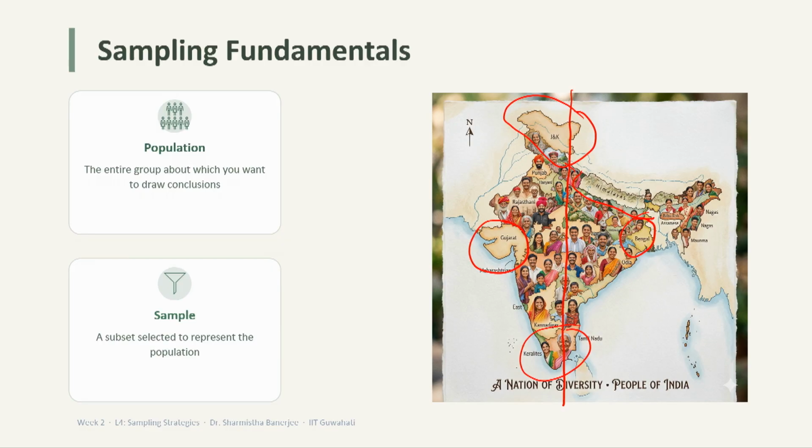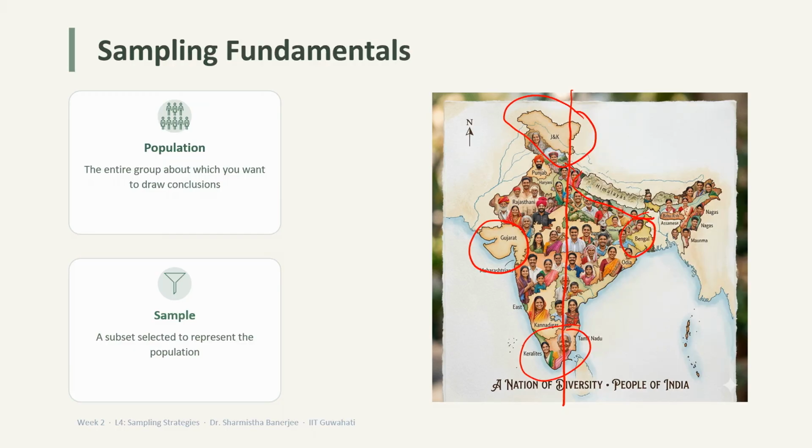So, geographic conditions leading to different kinds of food habits, plus different languages, plus even when the sunrise and the sunset happens, because everybody in India follows the same time zone, they all create a lot of differences. So, when I am talking about the Indian population over whom I want to generalize my study, it is about the entire group about which we want to draw these conclusions.